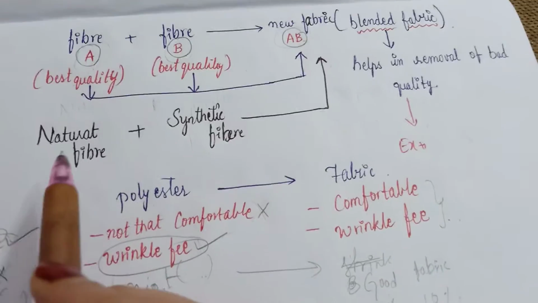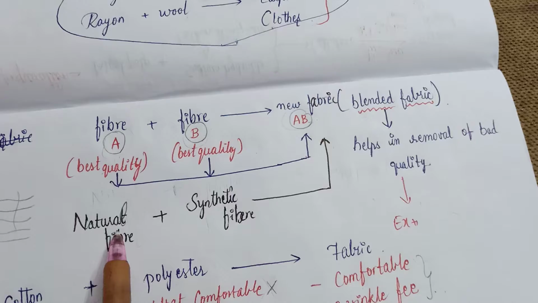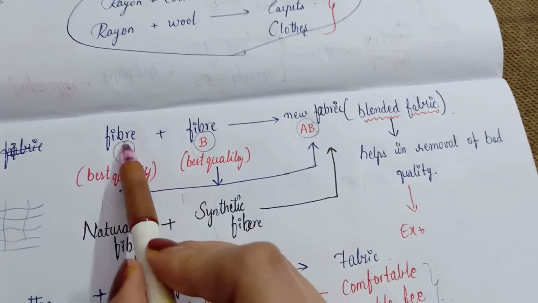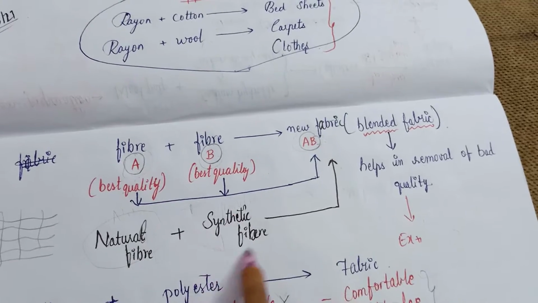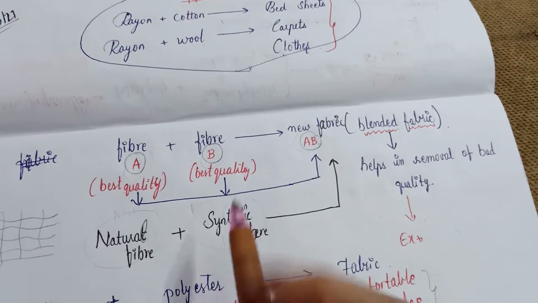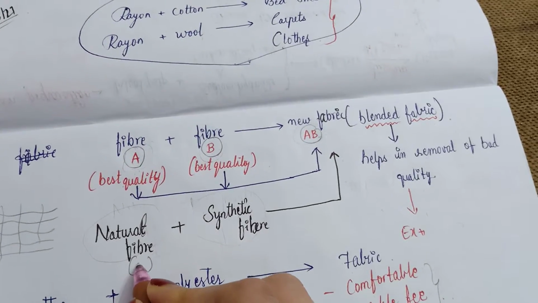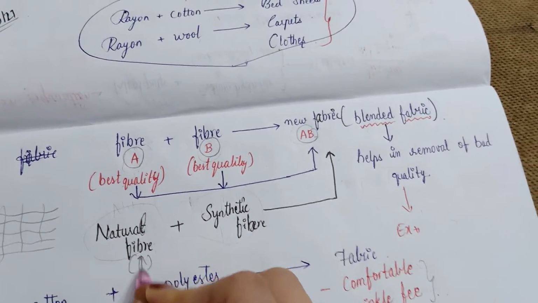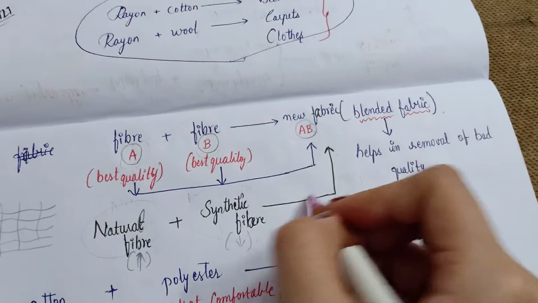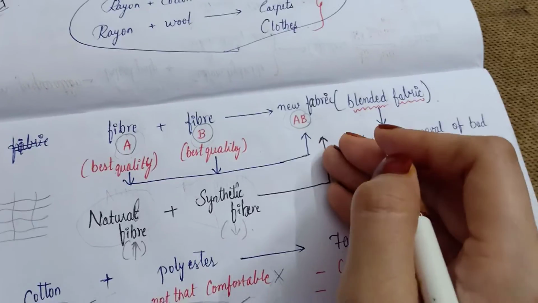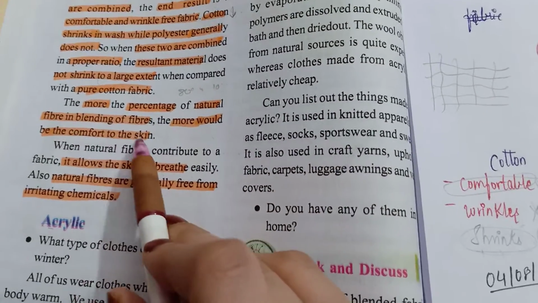So what that statement means, when we combine natural fiber with synthetic fiber, right? When we combine these both fibers, one should be natural, one should be synthetic. So if the number of one is more compared to the other, then we will get a fabric which is very comfortable to skin.